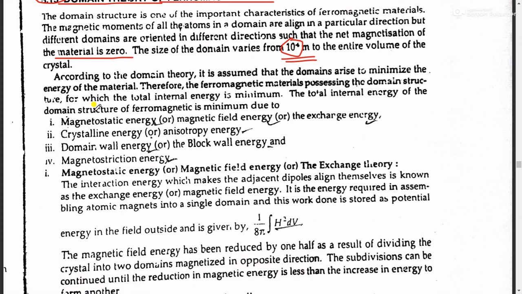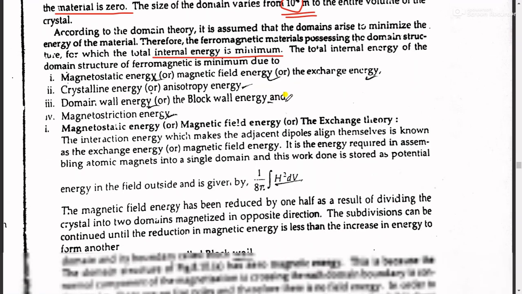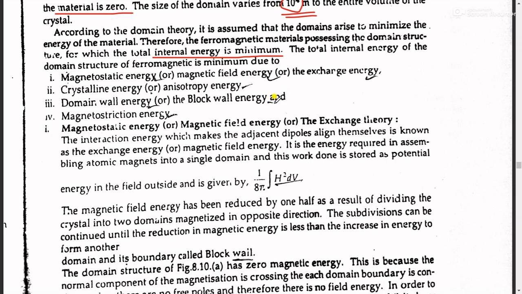According to domain theory, the domains arise to minimize the energy of the material. So ferromagnetic materials possess a domain structure for which the total internal energy is minimum. The total energy of the domain structure in a ferromagnetic material is made up of: first, magnetostatic energy, magnetic field energy, or exchange energy.